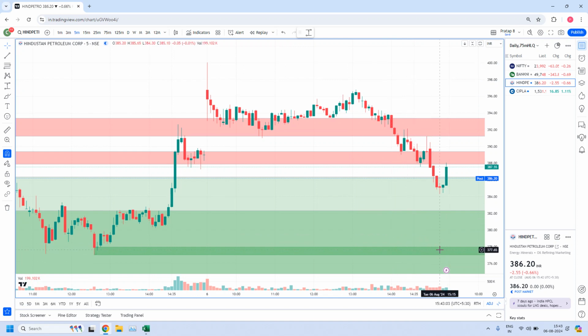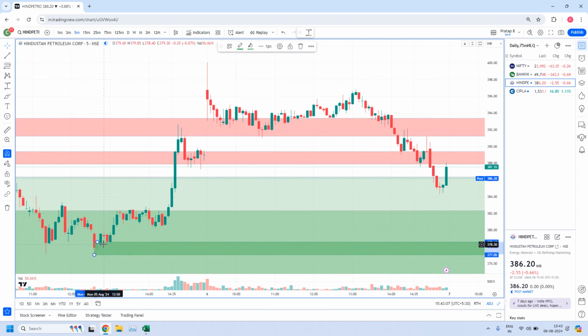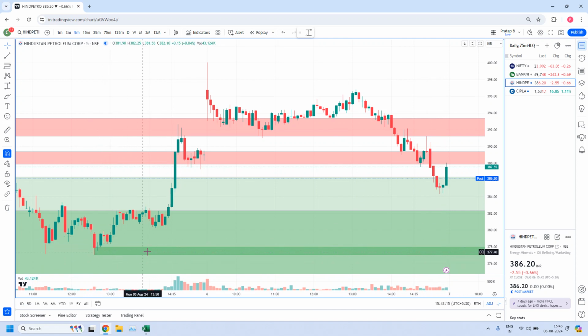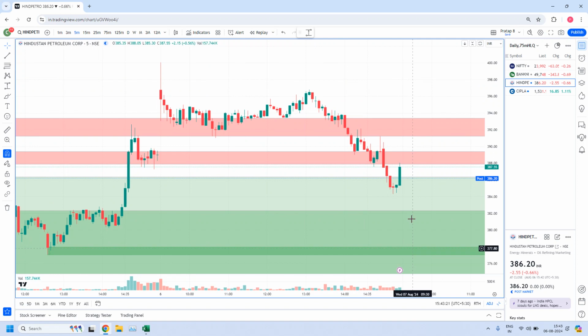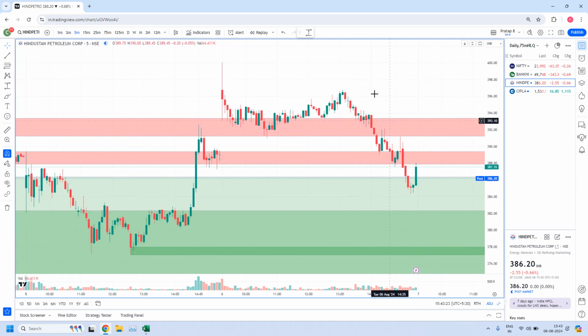You can consider this as a fresh zone, even though it was tested at the type 1 proximal. So in 80% of scenarios, the type 2 proximal works in high liquidity zones, the fine-tuned area. So we can still consider this a fresh fine-tuned area for taking a trade at the type 2 proximal. But today price did not enter this area, so we didn't get a trade.